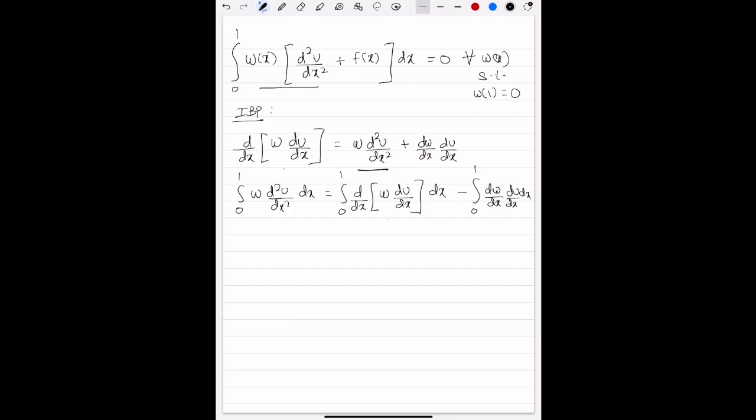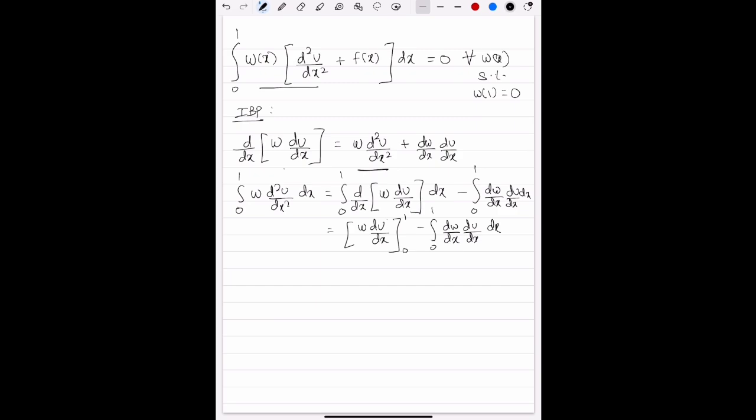Now the first term here can be directly integrated to be written as w multiplied by du by dx evaluated at 0 and 1, and the second term remains as it is, integral 0 to 1 dw by dx du by dx.